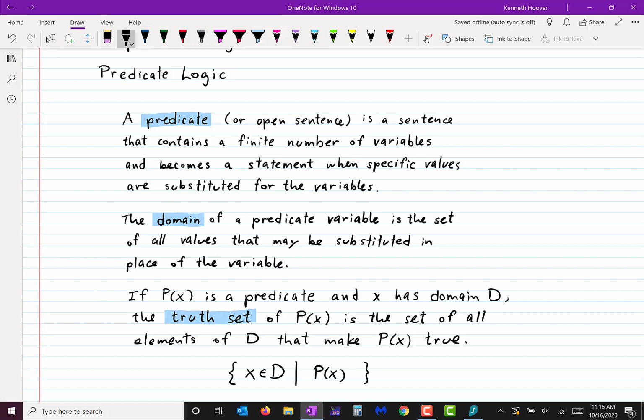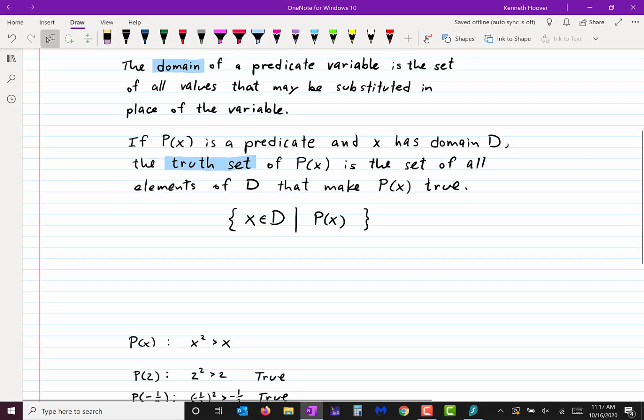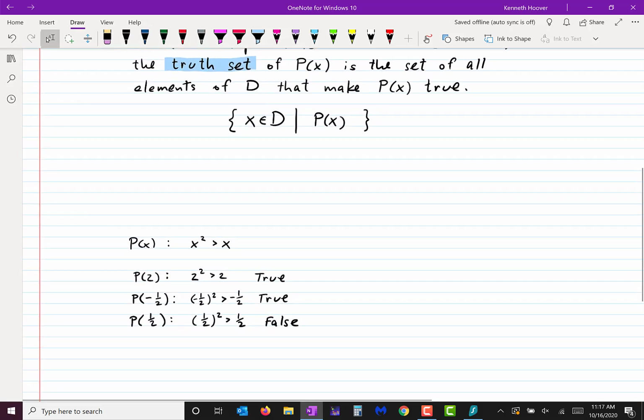So for that example that we looked at earlier, the truth set would be the set of all x in the real numbers such that x squared is greater than x. And you could think about what that would be. That would actually end up being the set of all real numbers except the closed interval from 0 to 1.